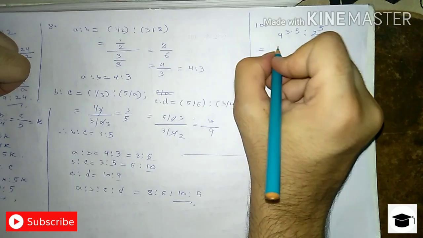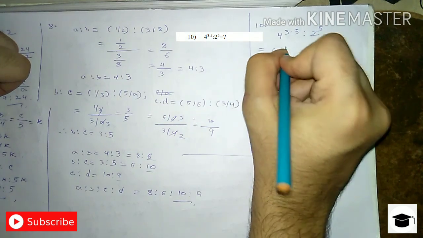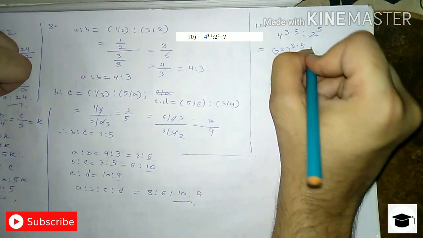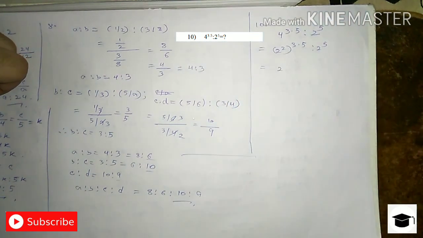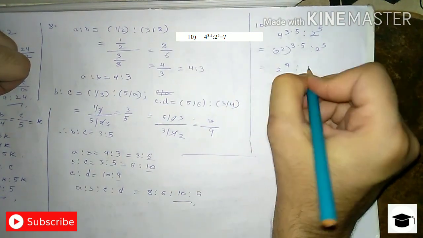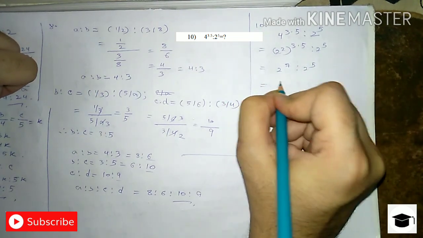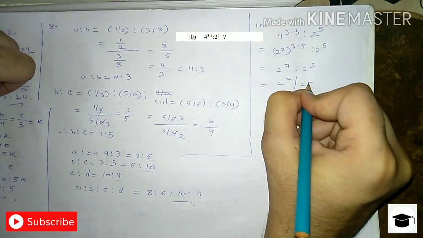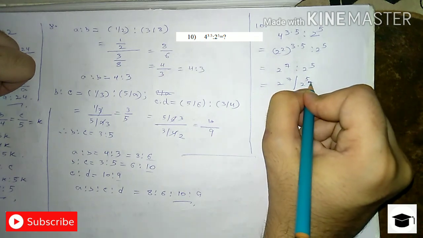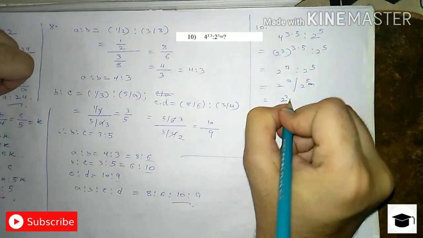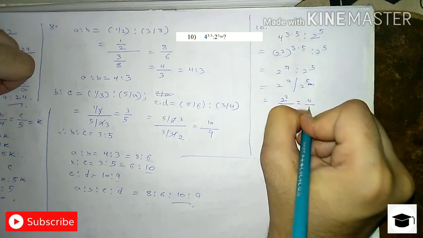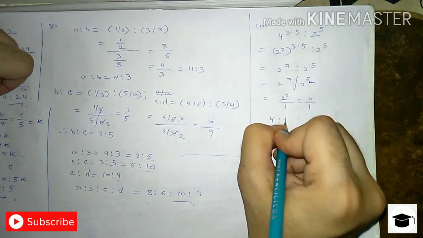Next question, we can write that 2 square to the power 3.5. That is equal to 2 square by 1 equal to 4 by 1. So this answer will be 4 is to 1.